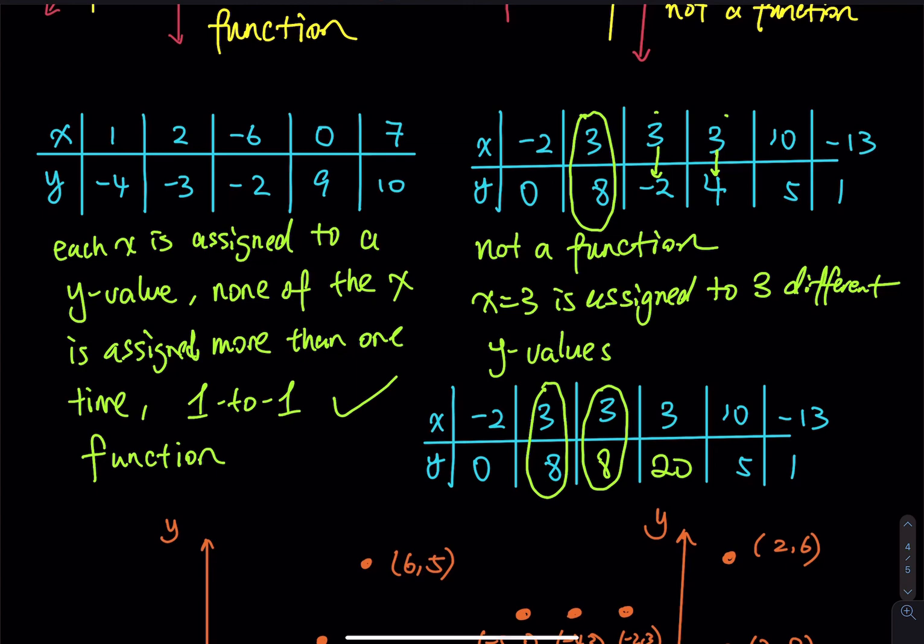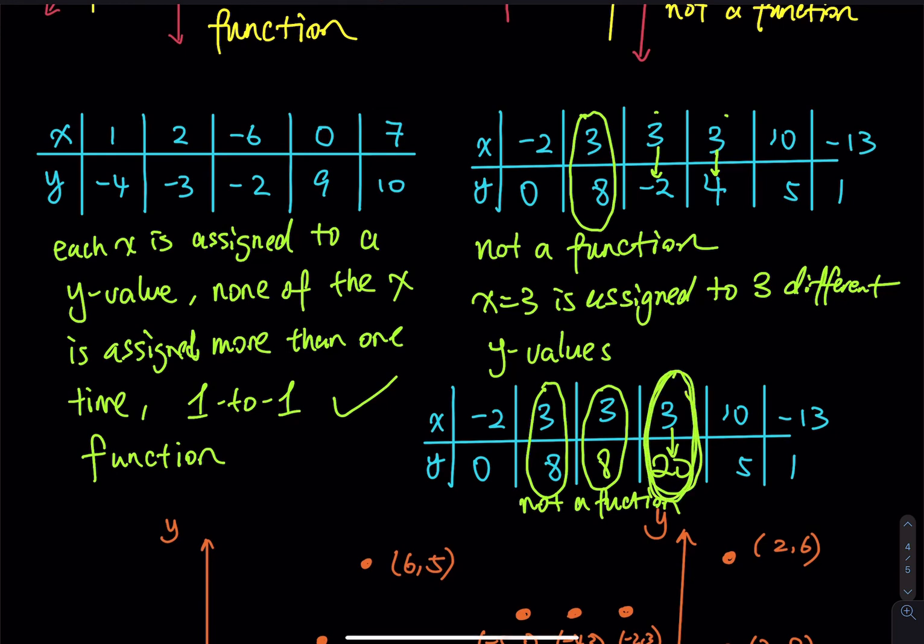But as long as you reach the next point, you have 3 goes to 20. So this is bad, because we just broke the one-to-one property. This is 1-to-2 now. 3 is assigned to 8, but you use 3 to assign to 20. So that is not 1-to-1 anymore. Then this is not a function, because you use the 3 more than one time.